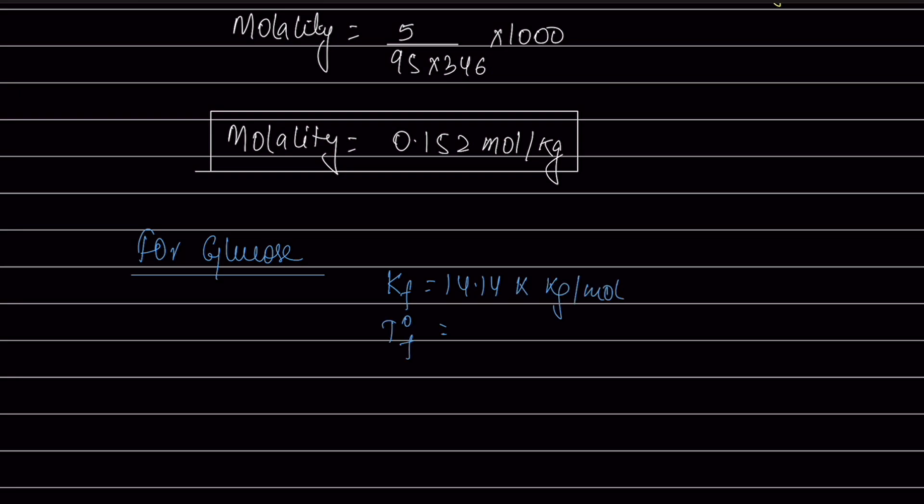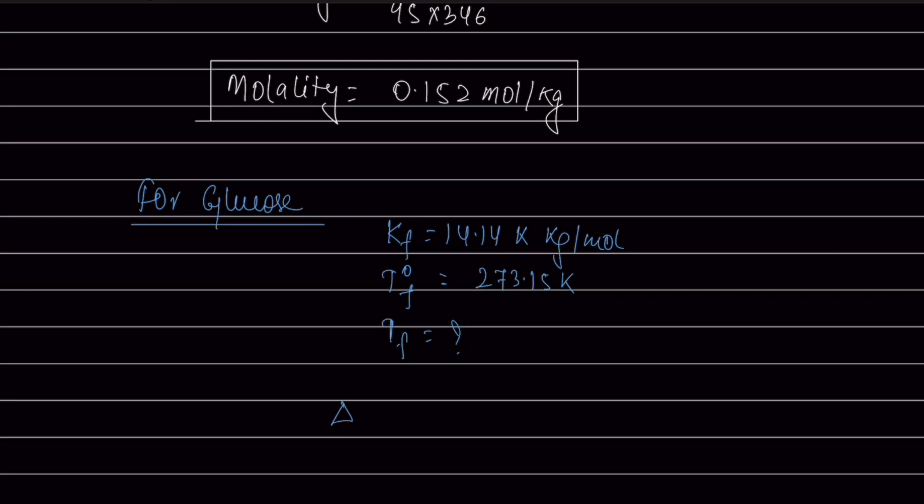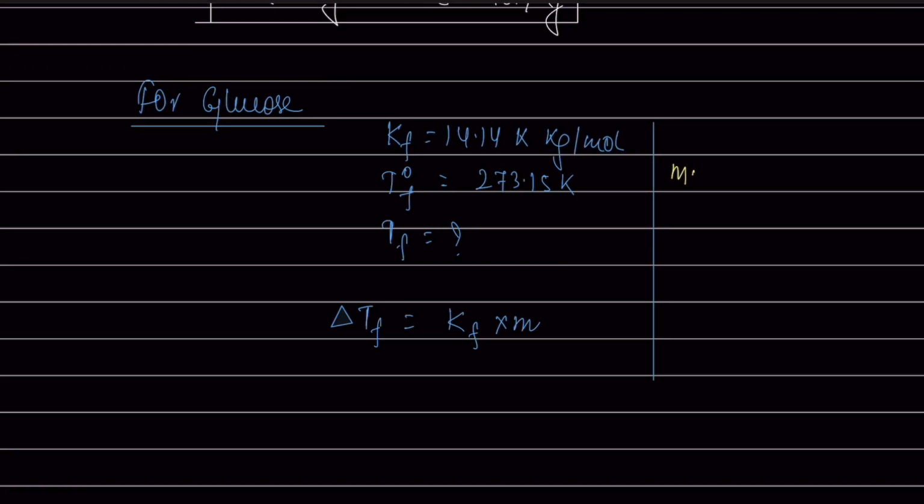T0F is 273.15 Kelvin, and we have to find Tf. Again we use the depression of freezing point formula, equal to Kf into m. Now we have to find the molality, which is moles of glucose divided by mass of water in kg.